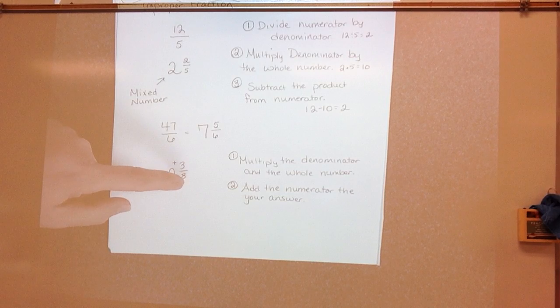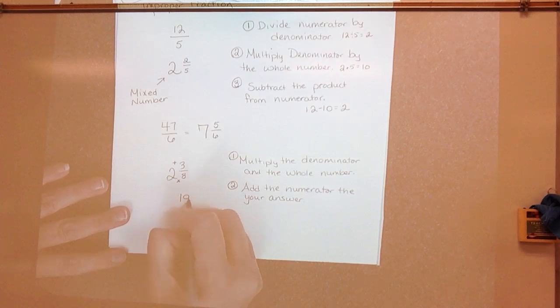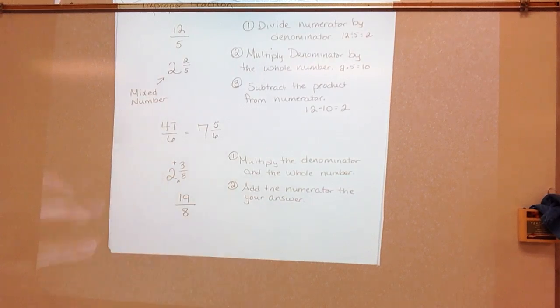So I'm going to say 8 times 2 is 16. 16 plus 3 is 19. And then once again, my denominator does not change. It stays 8. So if I want to rewrite 2 3/8 as an improper fraction, I would rewrite it as 19/8.